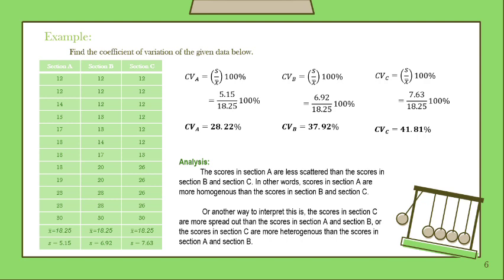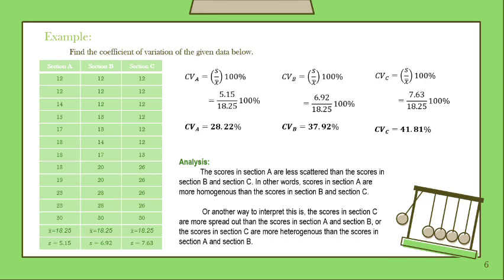And sa section B naman, 6.92 yung standard deviation niya and mean, pareho lang, 18.25. Kung i-simplify mo yan, ang answer is 37.92%. And sa section C naman, 7.63 over 18.25 times 100% is equal to 41.81%.